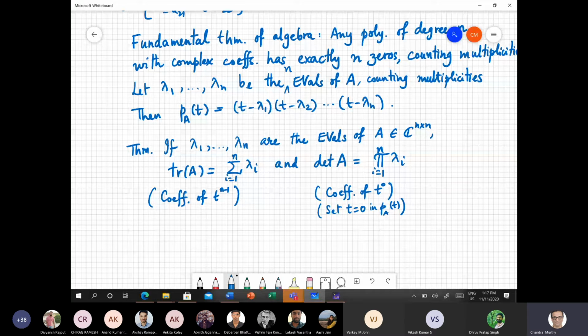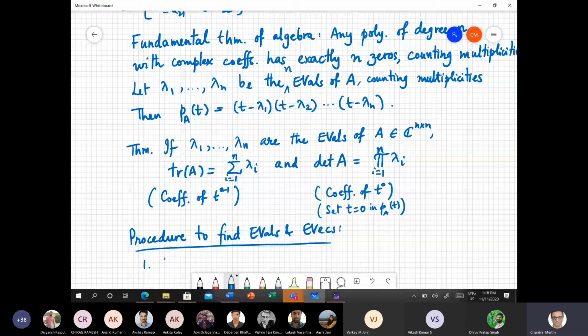Okay, so there are a couple of other results. Before that, maybe I'll just write out what the procedure is to find eigenvalues and eigenvectors. It is a two-step procedure.